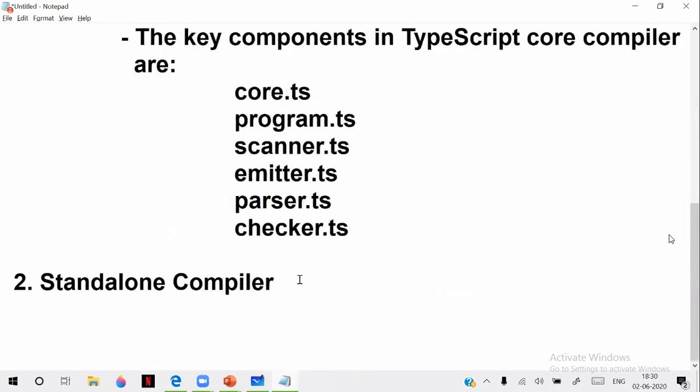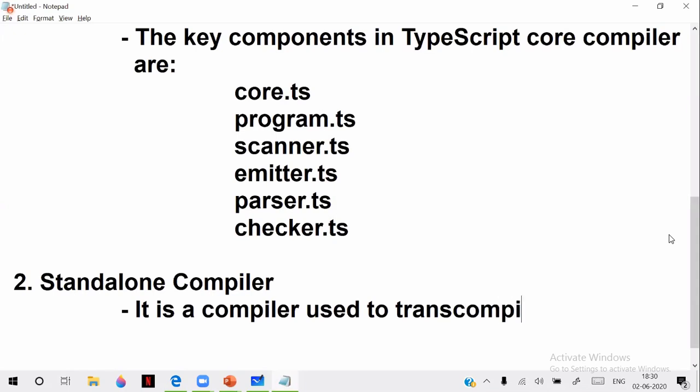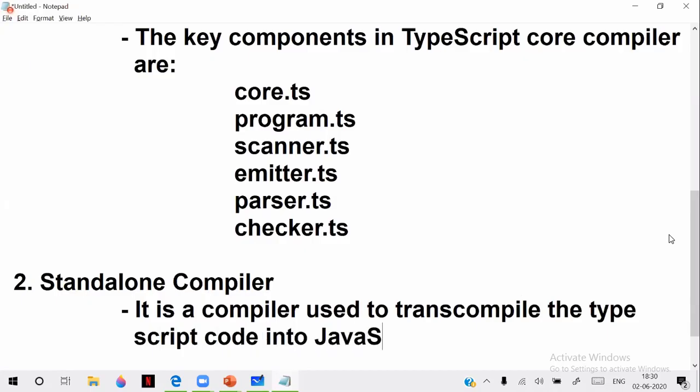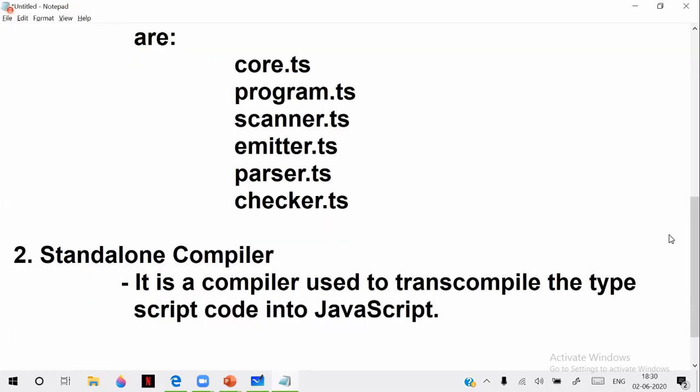Now we have a standalone compiler. It is a compiler used to transcompile the TypeScript code into JavaScript.